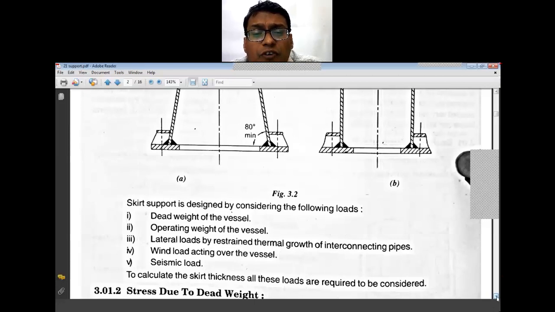Then next is your wind load, which is acting over the vessel. The wind force is continuous on tall vertical vessels, similar to a hill station or a college on a hill, where you can feel more wind as compared to the lower levels.